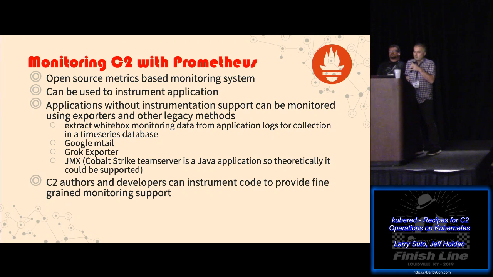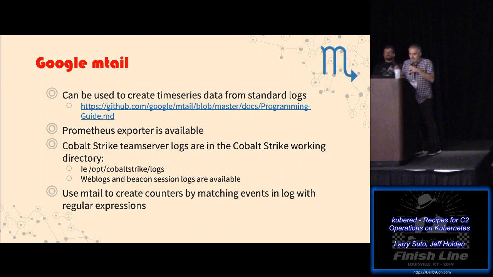Any events they generate inside their C2 server, Prometheus can just pick up and put in a Grafana dashboard or something like that. So you get very nice telemetry of your environment. And then JMX is for Java. We're trying to see whether Cobalt Strike supports JMX. We don't know, but if it does, it makes it a lot easier.